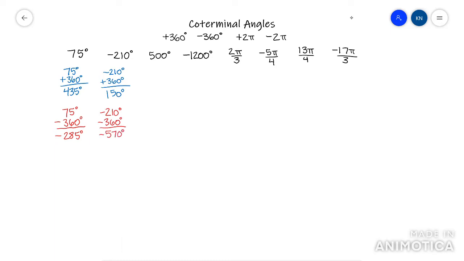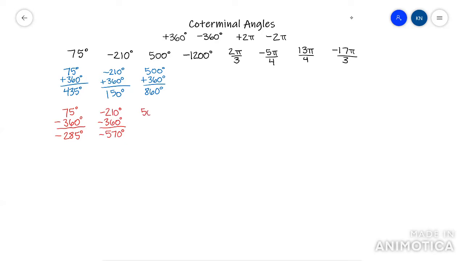Now where it gets a little tricky is when you have angles that are greater than 360, but it's still not that bad. If I wanted to find a positive coterminal for 500 degrees, you could just add 360 degrees to this. If I wanted to find a negative though, this is where it would get a little tricky.